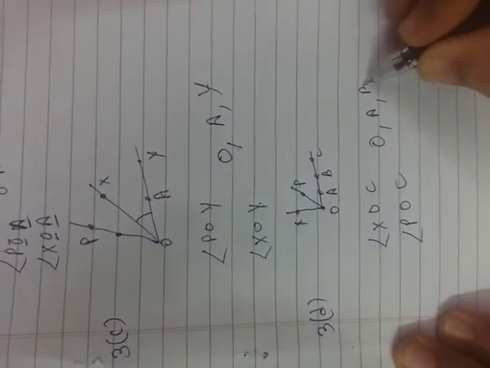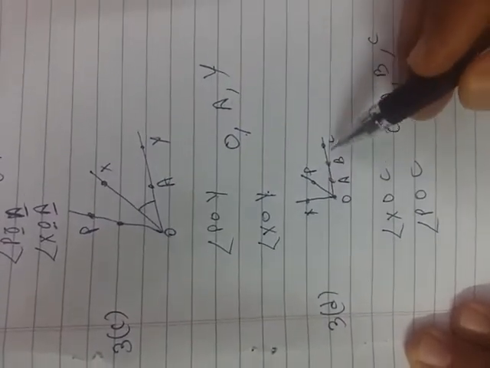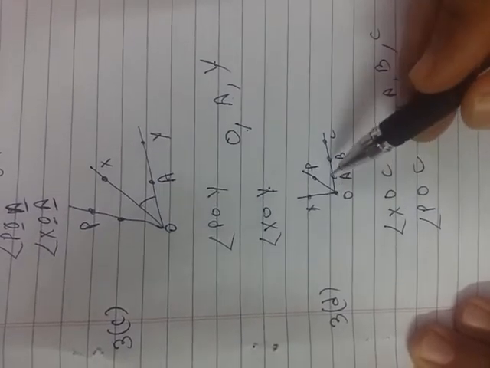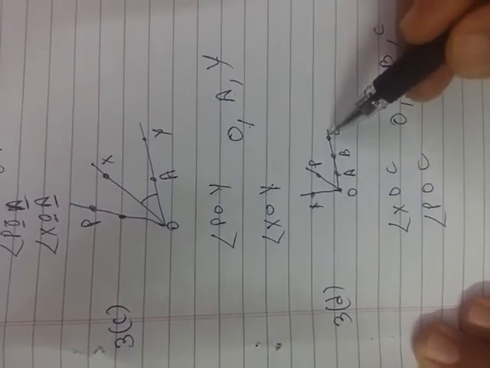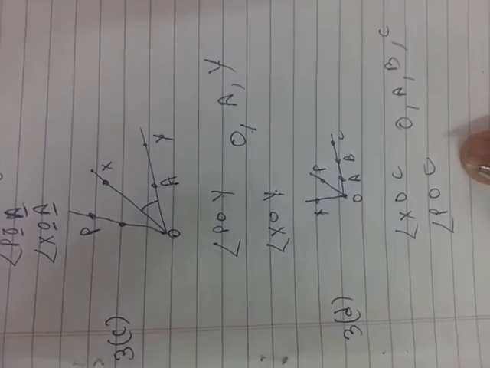XOC and POC have common points O, A, B and C. All these points are common in these two angles.